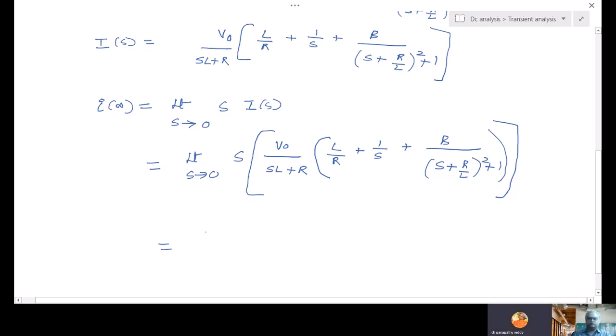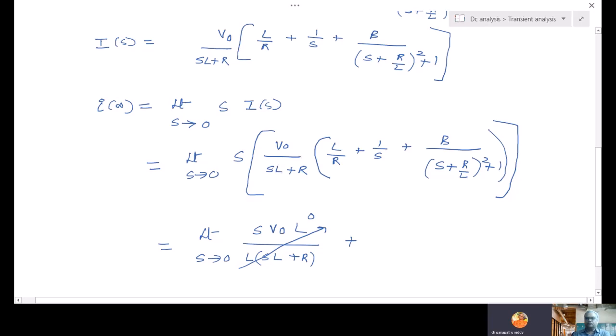Simplify. So I can put one more step. s into V naught L by (sL plus R) into R. Here s equal to 0, so this term is anyway 0. Then second term, this s cancels. Here s equal to 0.